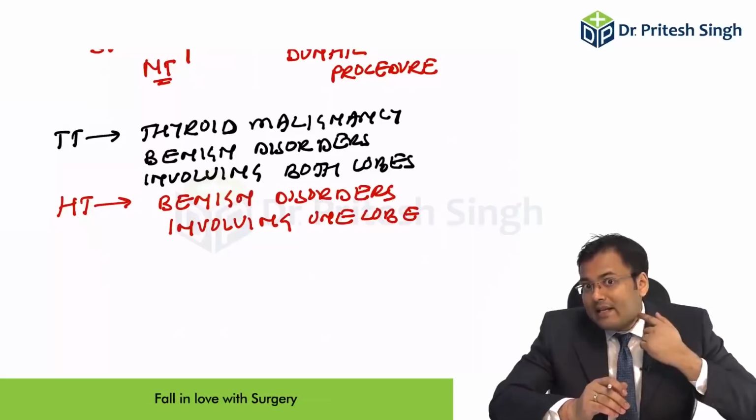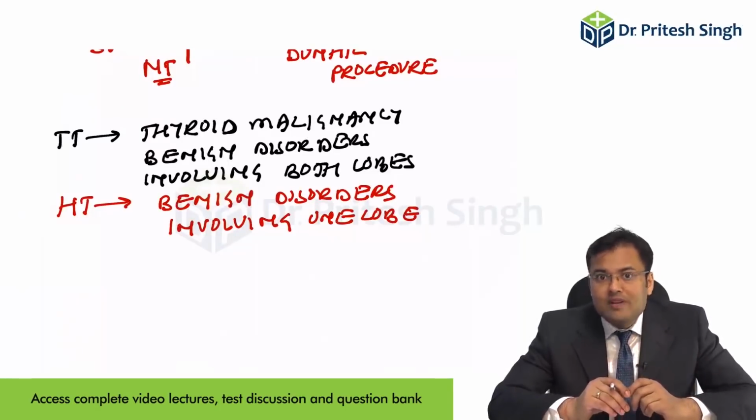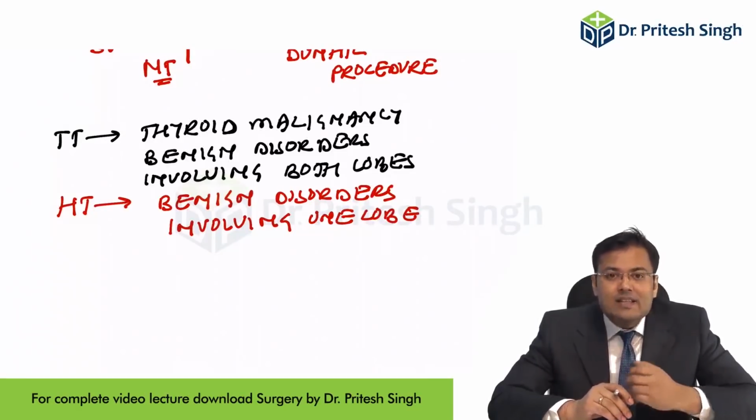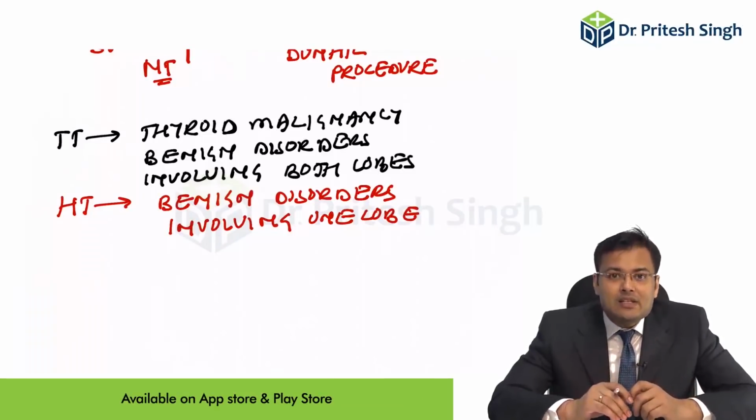And if there is recurrence from thyroid remnant, it's very difficult to remove it in second surgery. Why? Because anatomical landmarks are lost and there is excessive fibrosis. It increases the risk of recurrent laryngeal nerve palsy.